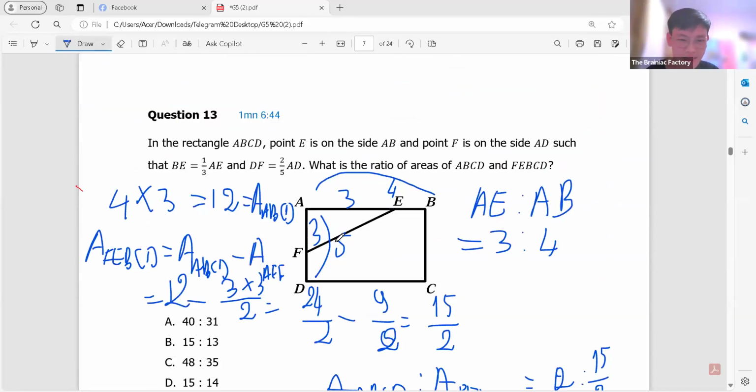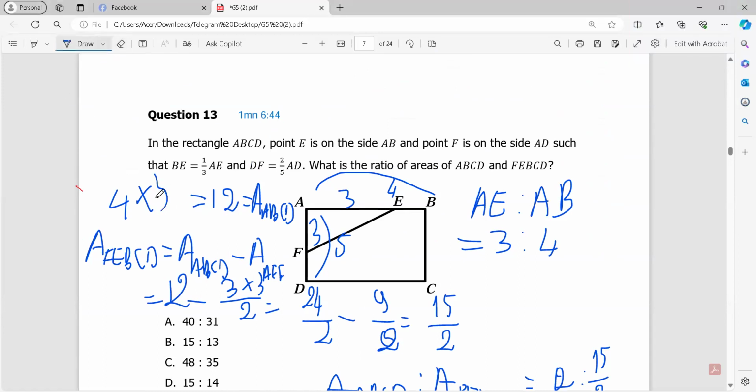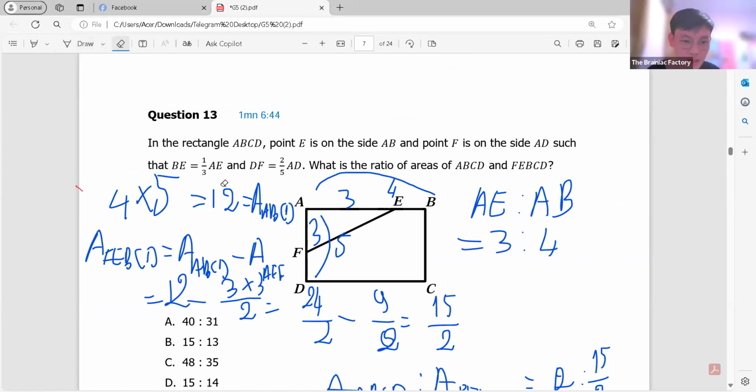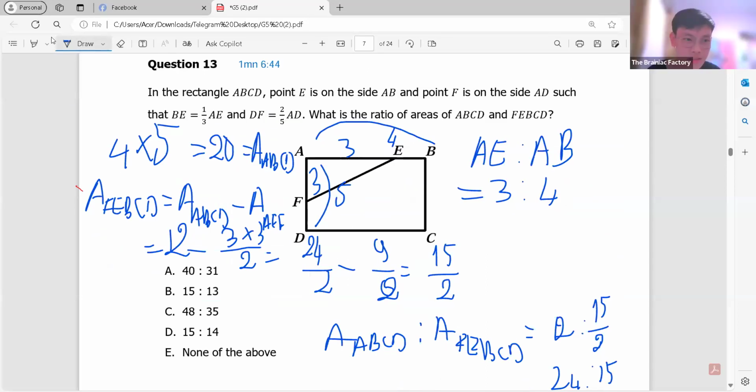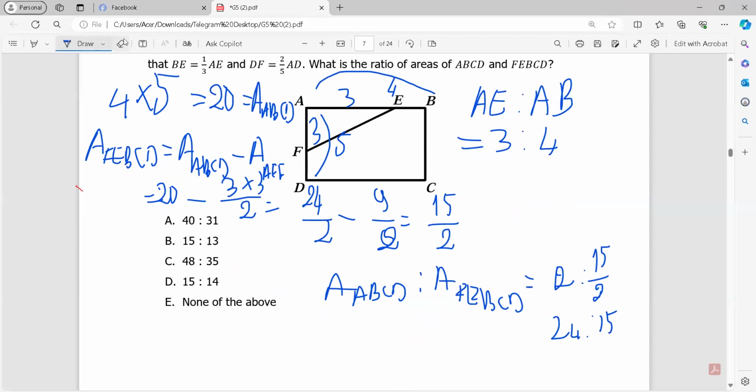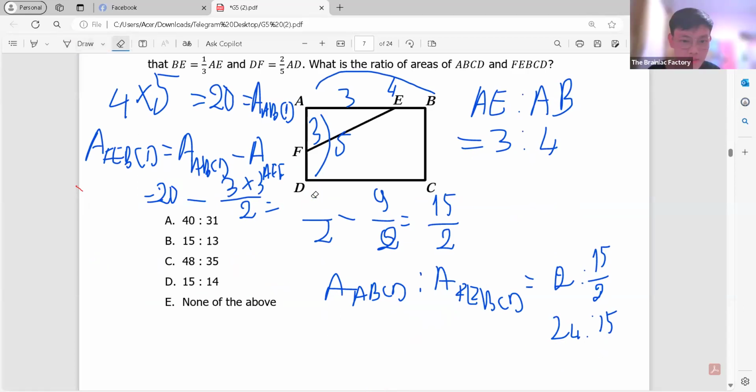Okay, I now know what is wrong. This is not actually 3. This is 5. So here is 20. Oh gosh. And this is 20 as well. So this one is 40.